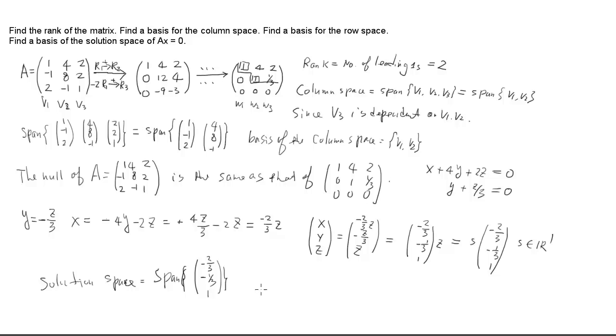And so the basis for the null space, or the solution space, is simply one vector. Since you can rescale a vector, you can simply put down negative 2, negative 1, and 3, multiplied by 3, and that is the basis for the solution space. And so the nullity, the dimension of this space, which is the number of vectors in this basis, is simply 1.